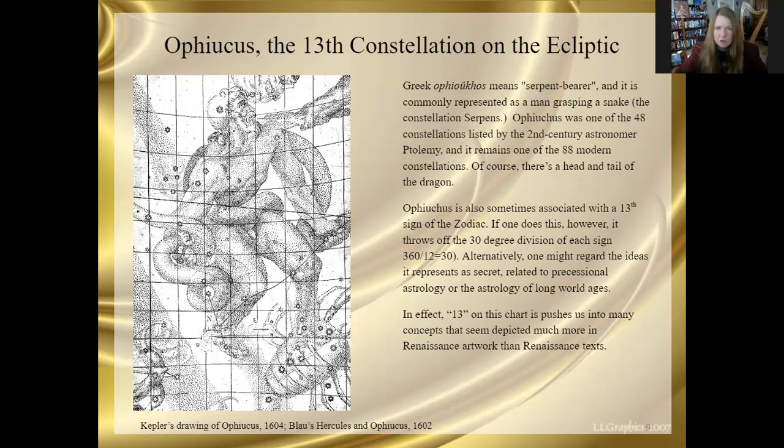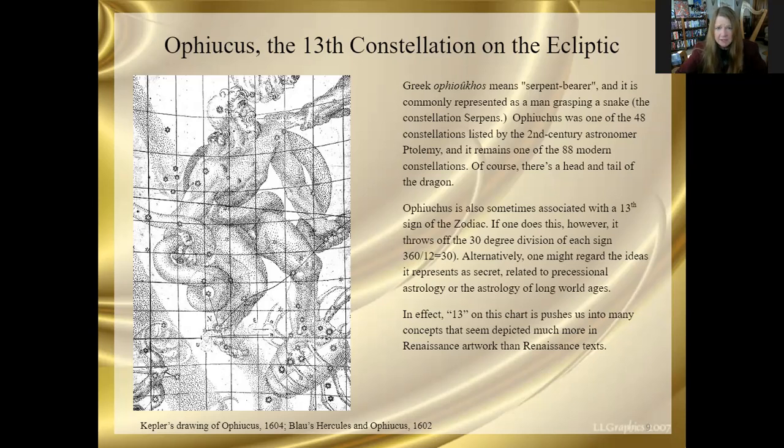But then if you go to a long world age, like how long it would take a fixed star to precess 360 degrees, that's a long, long time, almost 25,000 years. It goes 1 degree every 72 years. So you can just do the math on that.